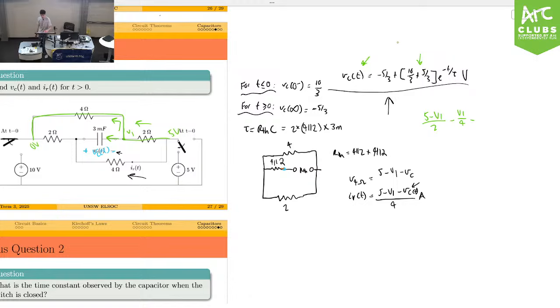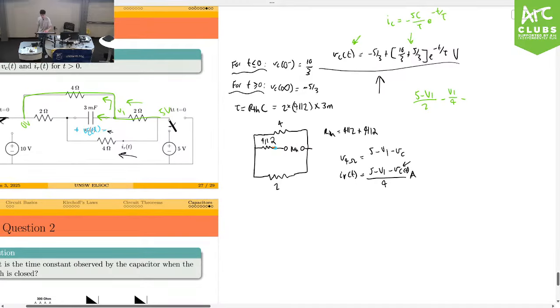So IC is going to be minus 5C on tau e to the minus t on tau. All I've done is differentiate it, take the exponent down, skip a step, and multiply by C. So that's your equation for IC, and the sum of currents is equal to 0.